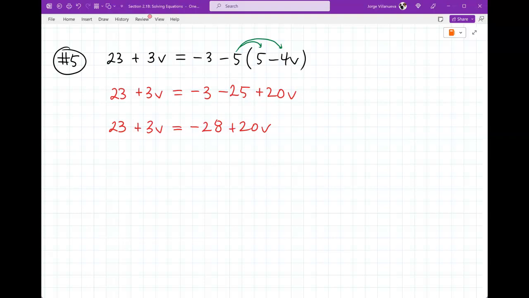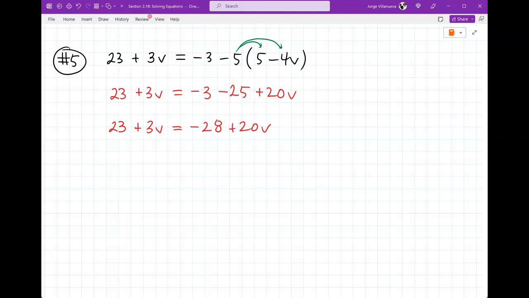Okay. Now I have two variables, one on the left, one on the right, a 3v and a 20v. And if you do it the way I do it, you're going to move the 3v to the right side. And the reason why I move the 3v is because it's smaller than 20v. So that means when I subtract 20 minus 3, I get a positive answer. If I move the 20v to the left side, I get a negative number, right? 3 minus 20 would be negative 17v.